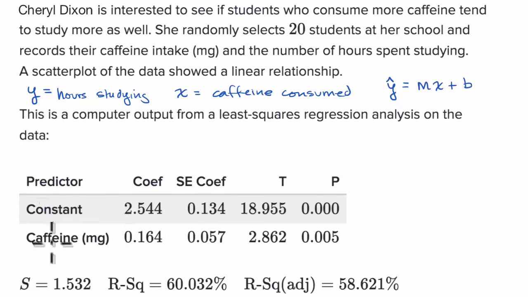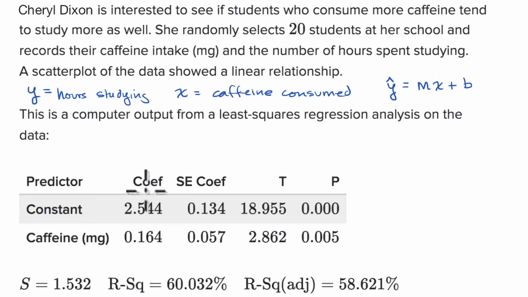So when you look at this table here, this first column says predictor, and it says constant, and it has caffeine. And so all this is saying is when you're trying to predict the number of hours studying, when you're trying to predict y, there's essentially two inputs there. There is the constant value, and there is your variable, in this case caffeine, that you're using to predict the amount that you study.